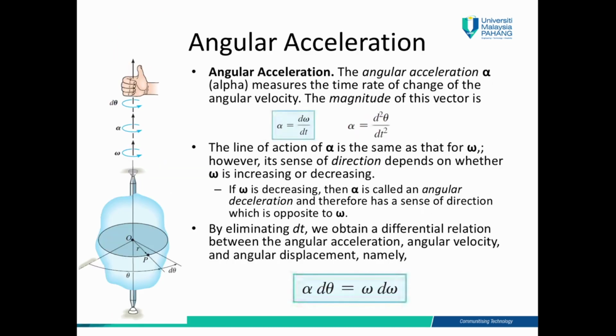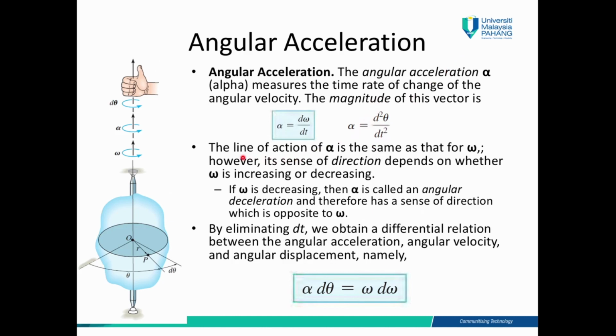And lastly, for angular acceleration, you differentiate your angular velocity with time, and you will get your angular acceleration, usually represented by alpha. We can represent it as the single derivative of your angular velocity, or the double derivative of your angular displacement.